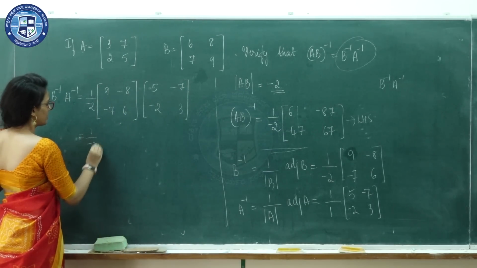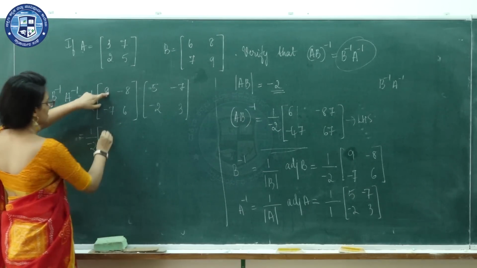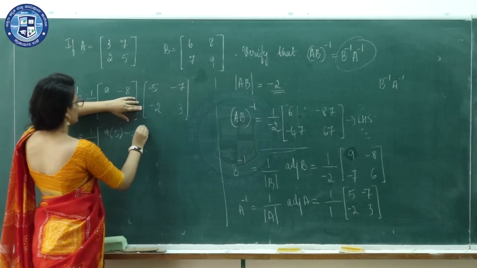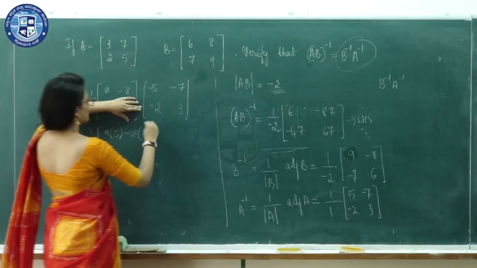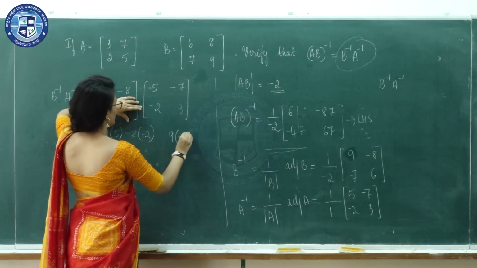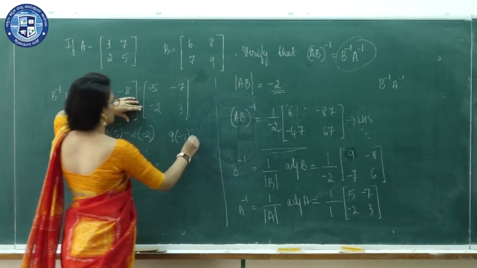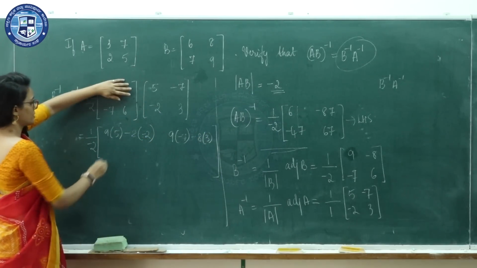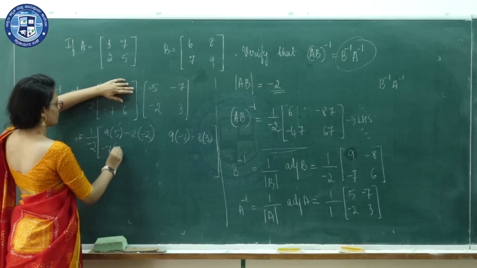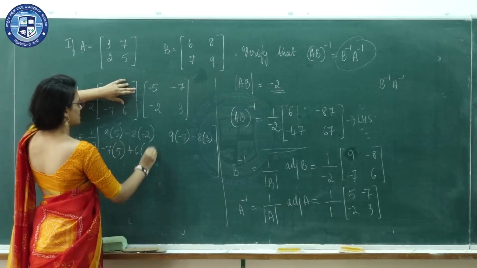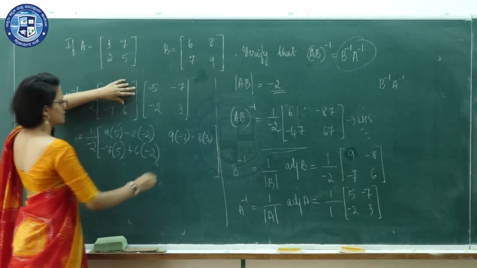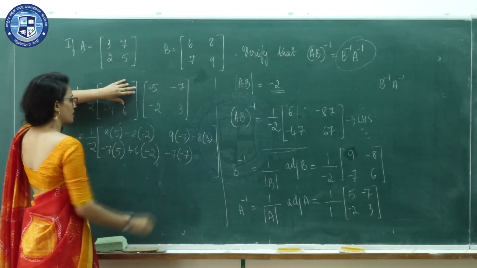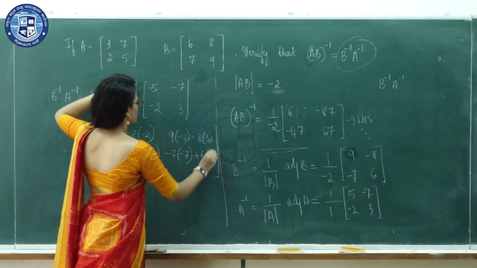We have 1 by minus 2, this is 9 into 5 minus 8 into minus 2, next term 9 into minus 7 minus 8 into 3, next term we have minus 7 into 5 plus 6 into minus 2, and the last term minus 7 into minus 7 plus 6 into 3.